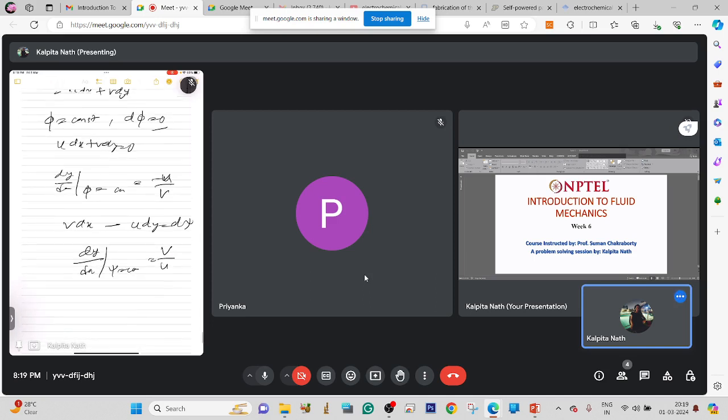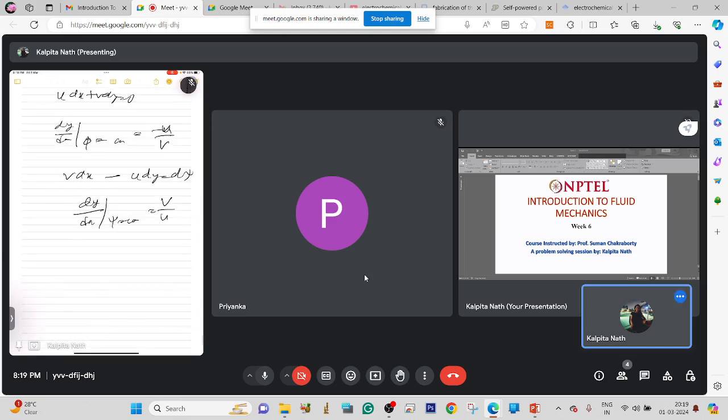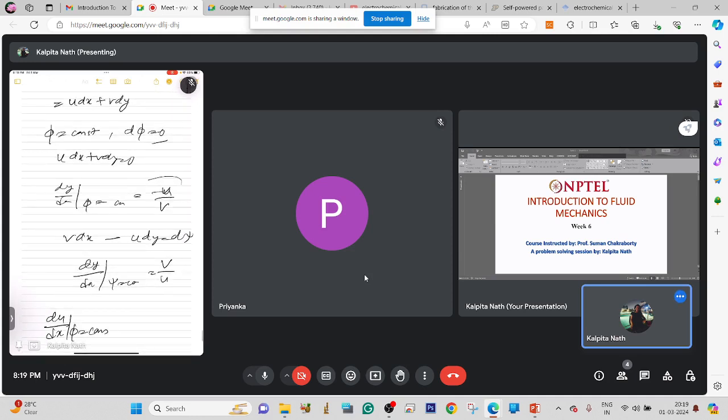If you multiply both, dy dx at phi equal to constant multiplied by dy dx at psi equal to constant will be equal to minus 1.